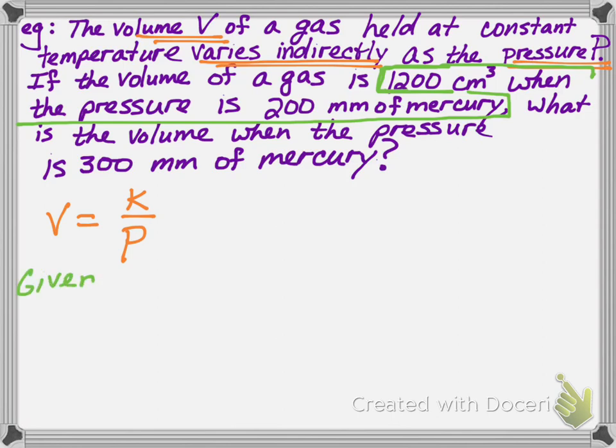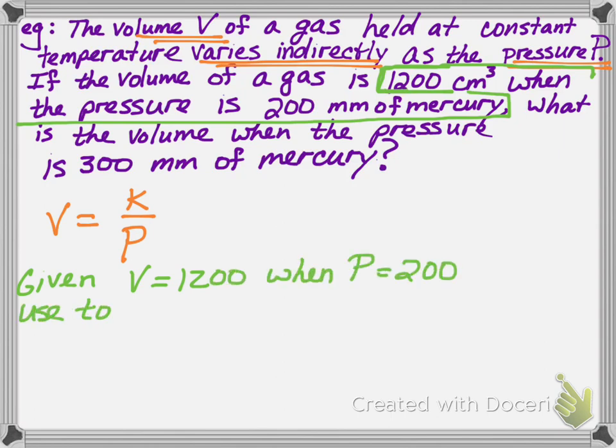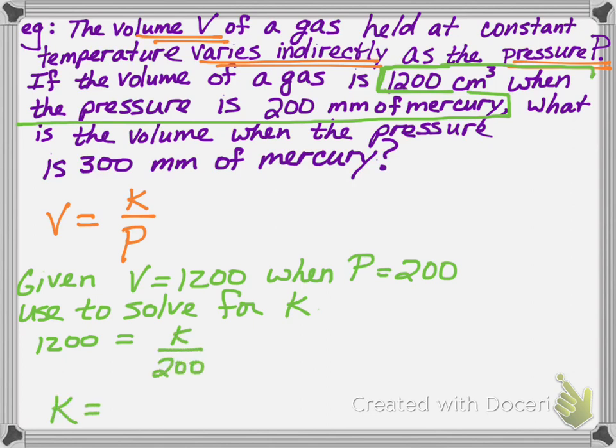So we set up an equation, 1,200 equals K divided by 200. Solving for K, we multiply both sides by 200, and we get K equals 240,000.